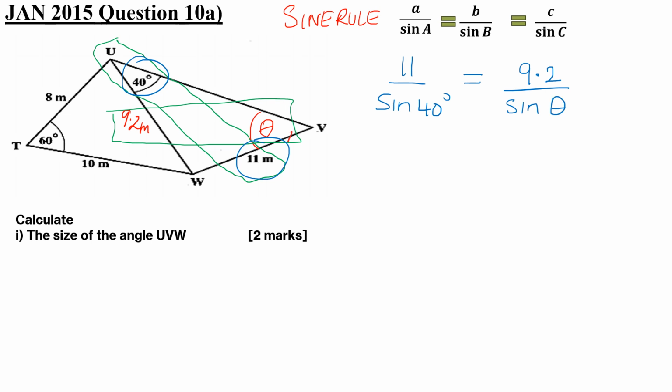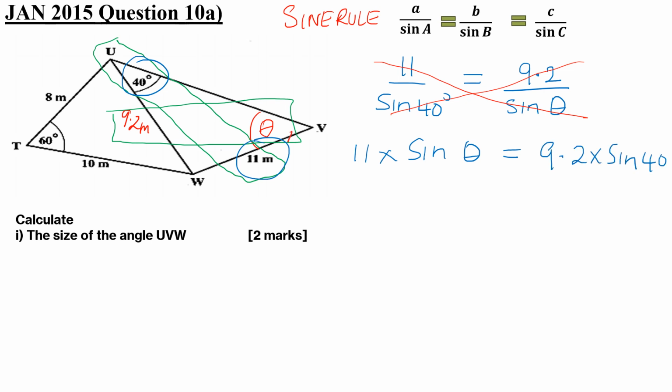So now we have to cross multiply. And that is going to give us 11 times sine theta equals 9.2 times sine 40 degrees.